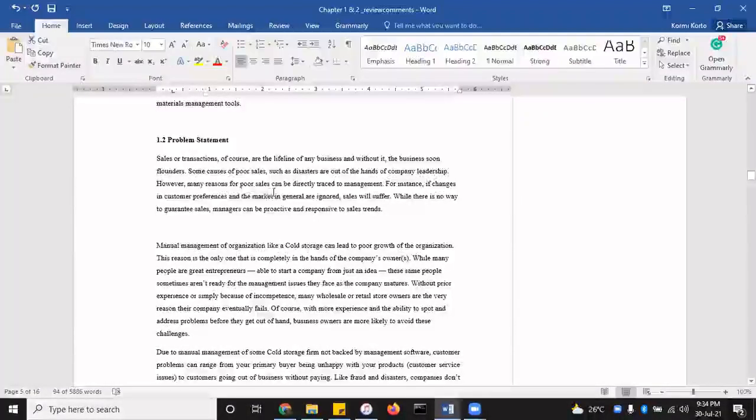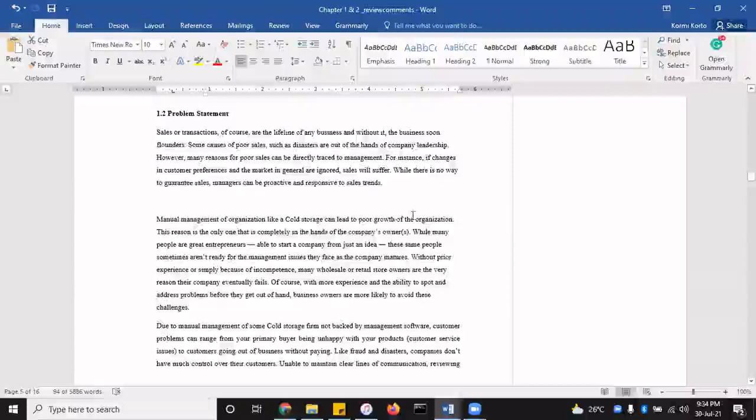However, many reasons for poor sales can be directly traced to management. For instance, if changes in customer preference and the market in general are ignored, sales will suffer. While there is no way to guarantee sales, managers can be what? Proactive and responsive to sales needs.